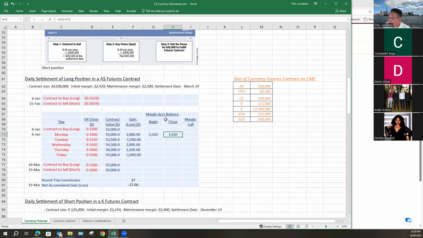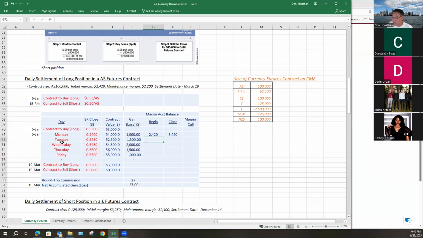Now, the meaning of this maintenance margin is this. If your closing balance is lower than this amount, you will get a call from your broker, and your broker will ask you to add more money, and you see that the following day.